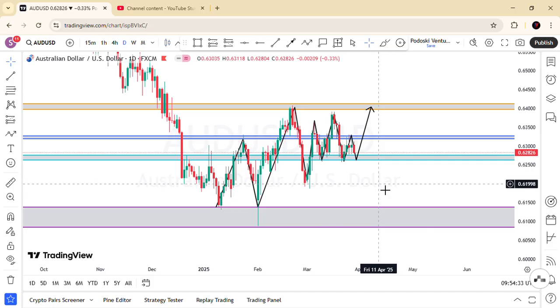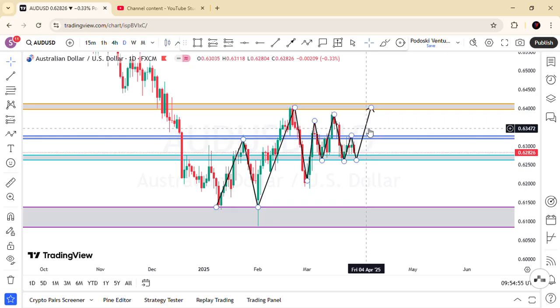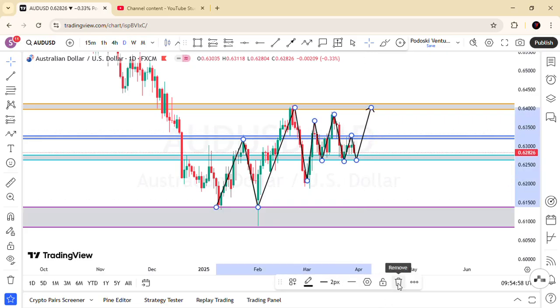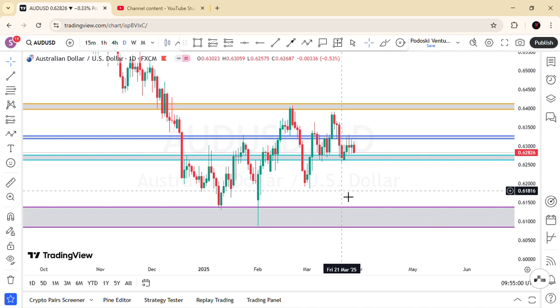If we don't know the rightful direction, what I do all the time is I just sit back, watch, and let price do what it wants to do. After it has done all that and I see a clear direction which aligns with the higher time frames altogether, then I'll be looking for an entry.